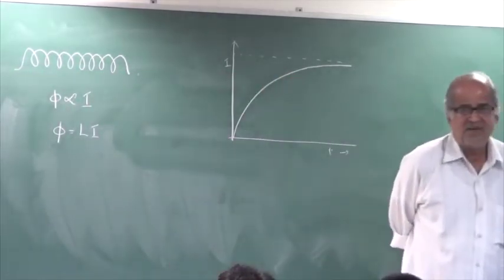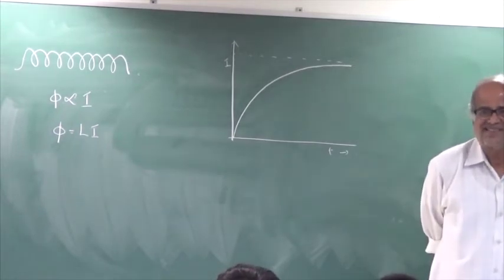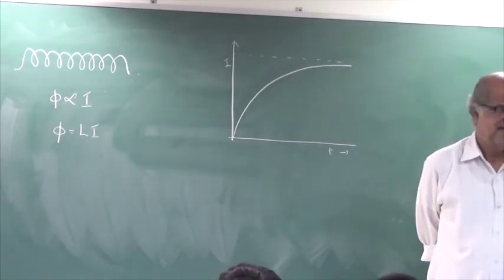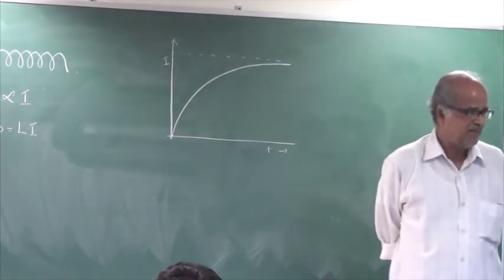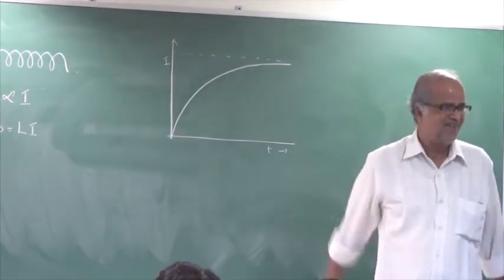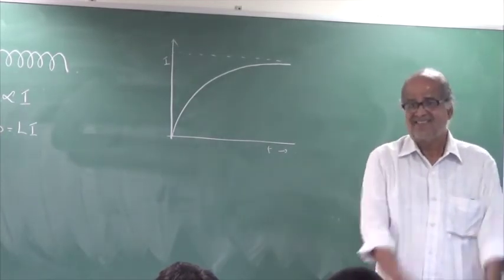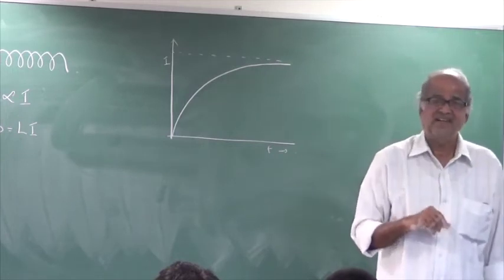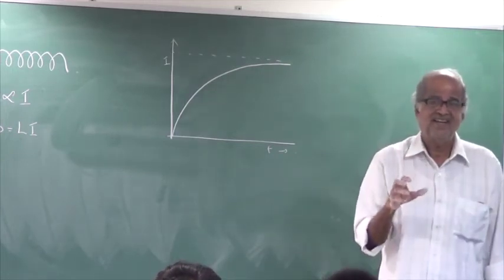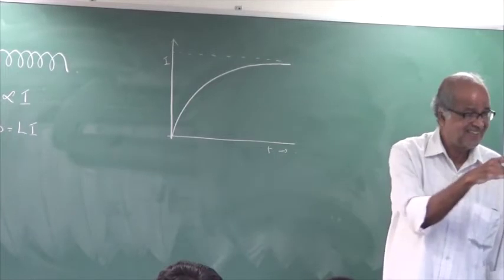This is something like when you apply a force to a mass. The acceleration will not instantaneously pick up to its maximum value. It takes some time. What is responsible for that in the case of a force acting on a body? Mass or inertia, correct?